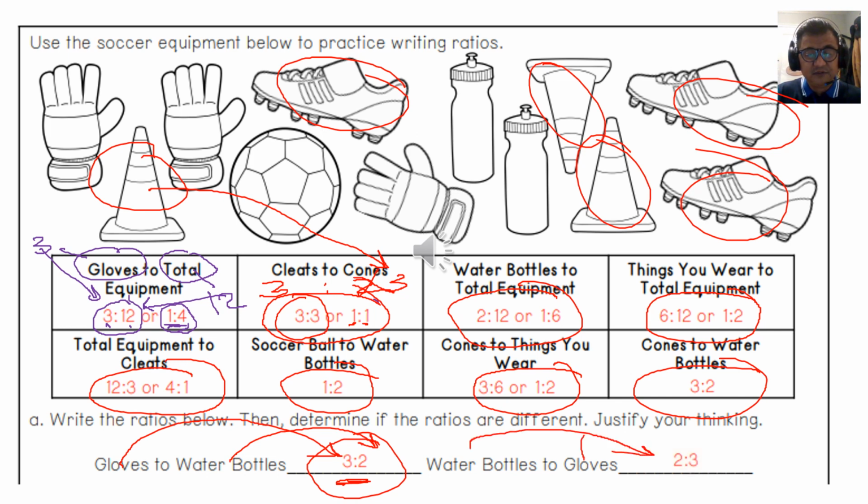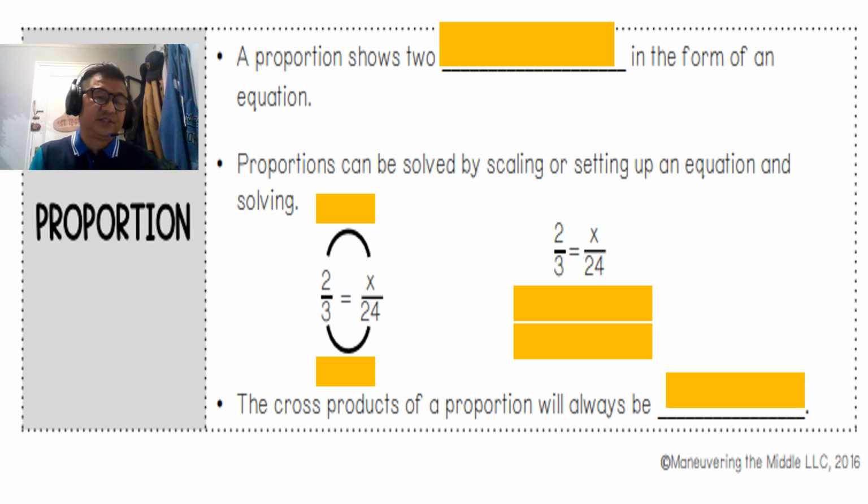And how many gloves? 3. Okay? Now, can you say that 3 is to 2 is the same as 2 is to 3? No, they're different. Okay? Because what? The order is important.